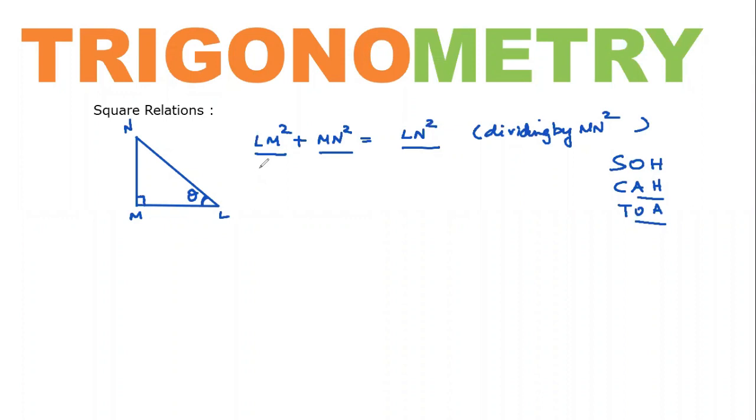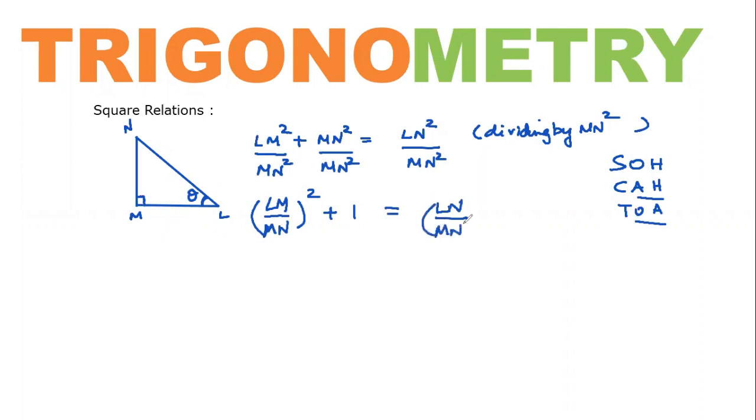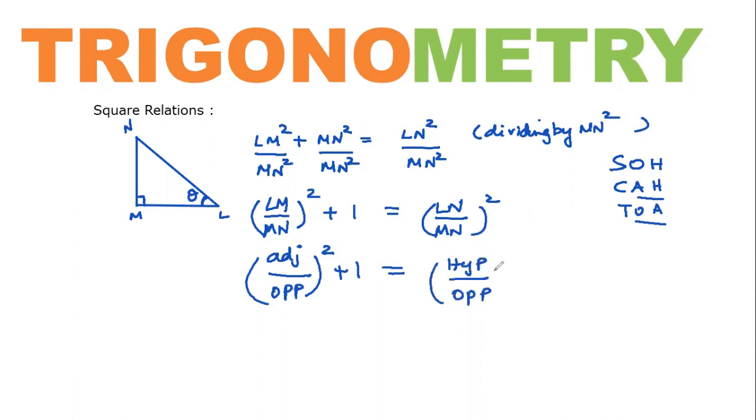Similarly, dividing both sides by MN square, we get LM upon MN the whole square plus 1 is equal to LN upon MN whole square. LM with respect to theta is adjacent and MN is opposite, whole square plus 1 is equal to LN is hypotenuse and MN is opposite, whole square.